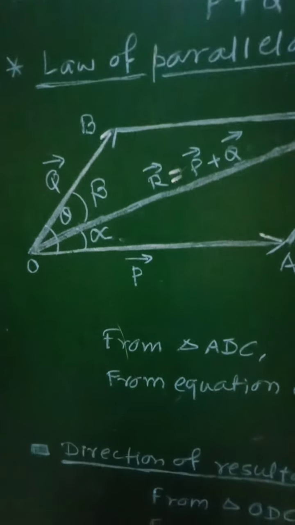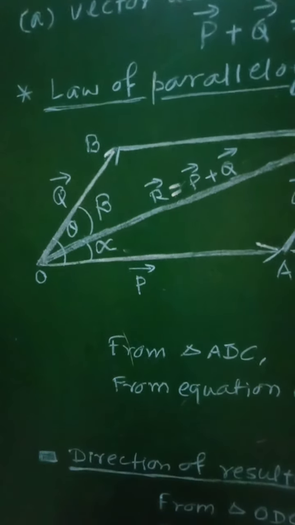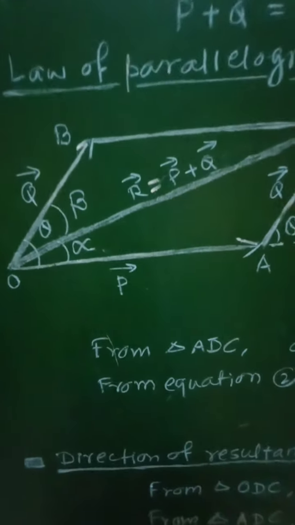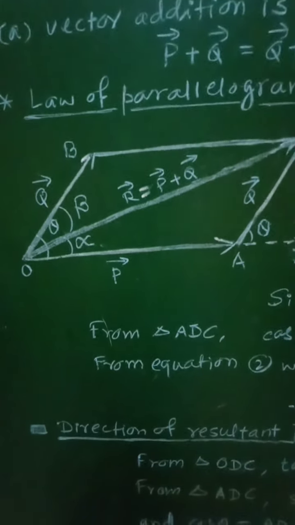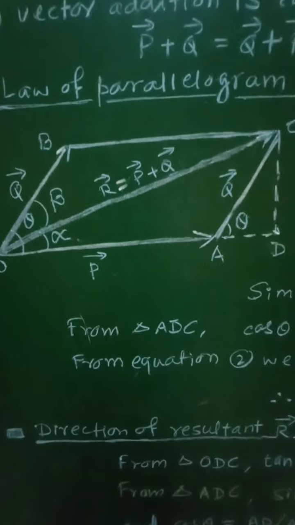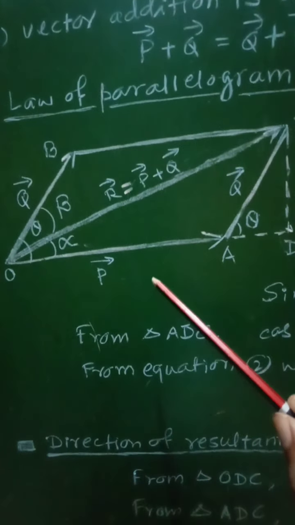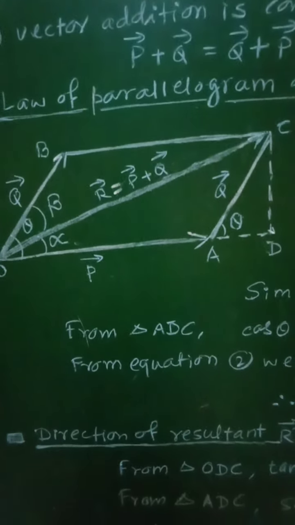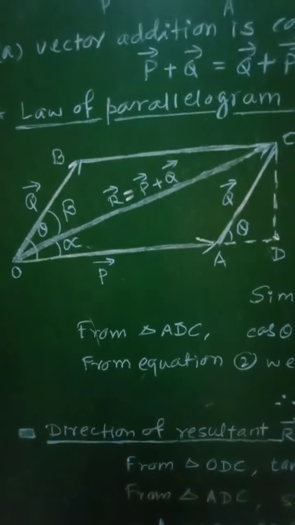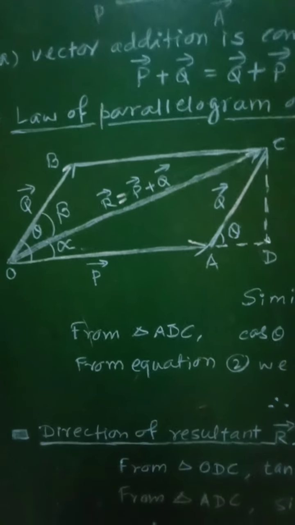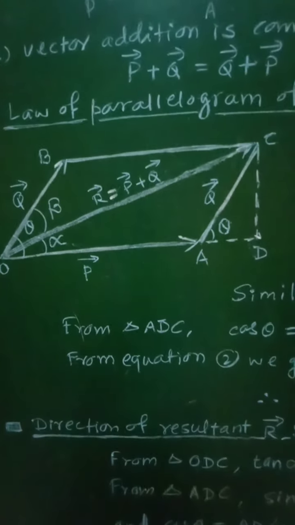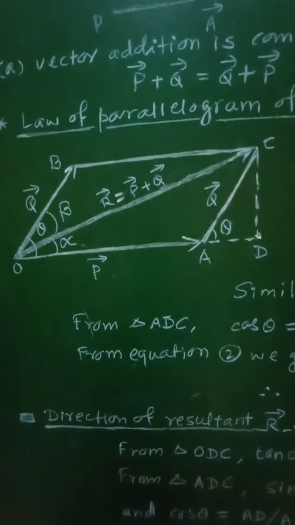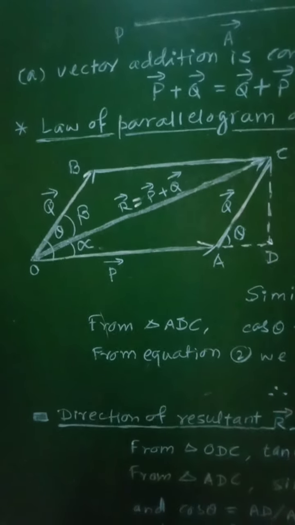So theta is the angle between vector P and vector Q. Now we have to add these two vectors using the law of parallelogram. What will be their resultant, that is vector R equal to vector P plus vector Q? We have to find its magnitude as well as direction.